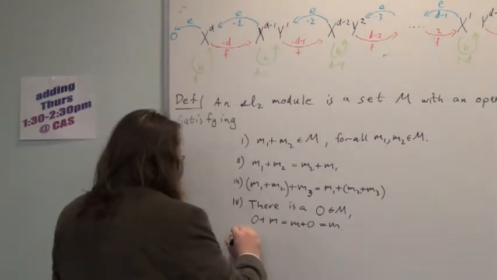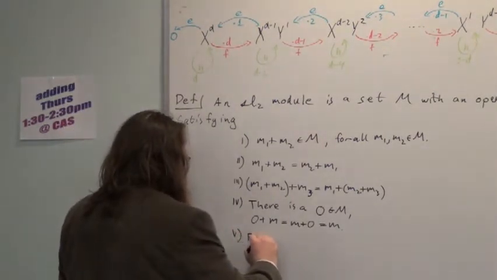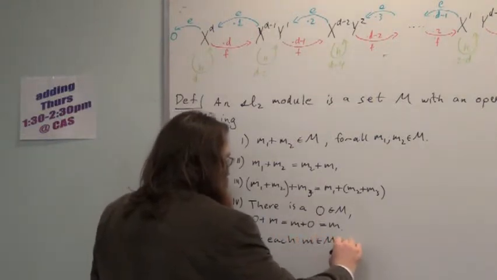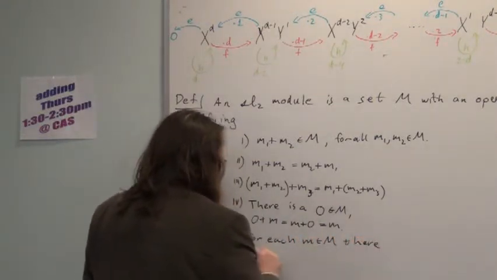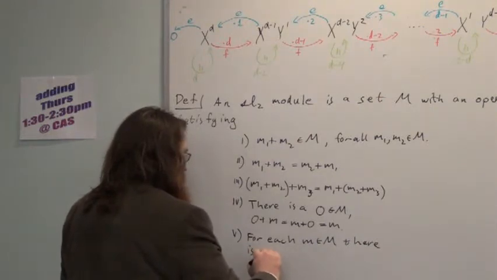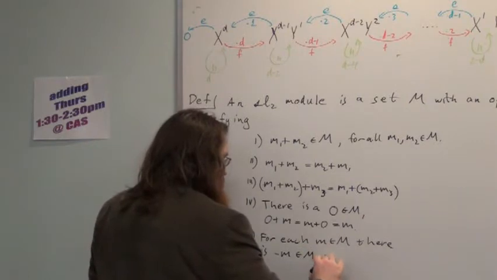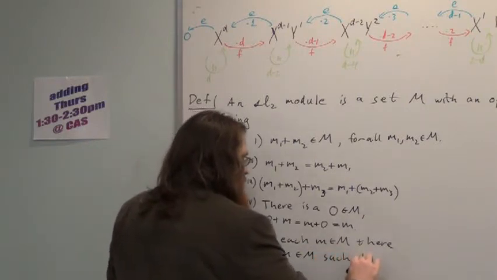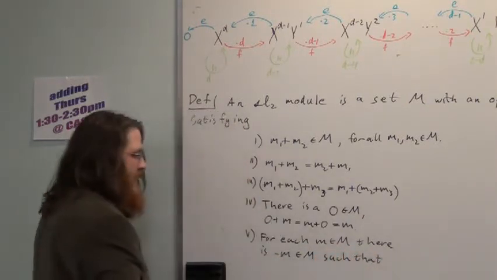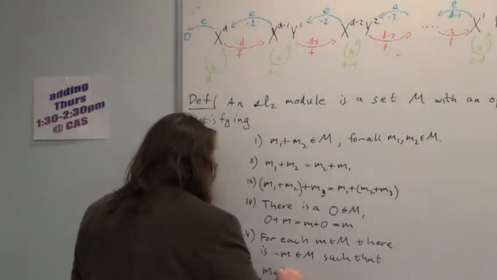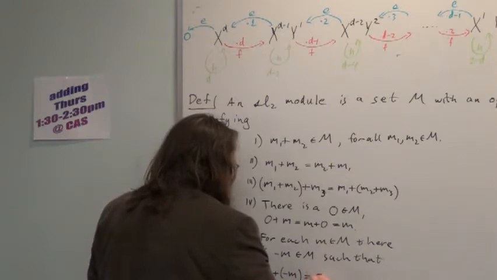There are negatives. For each m in M, there is a negative m, such that m plus negative m is 0.